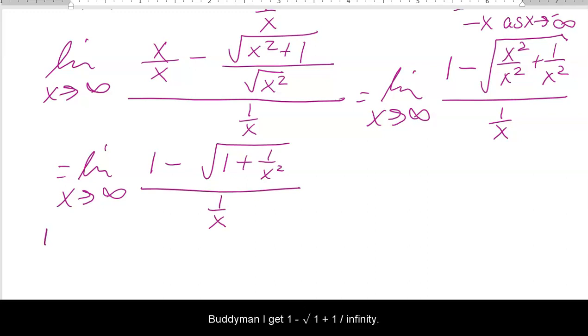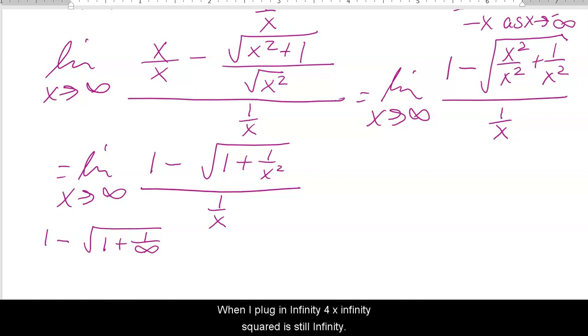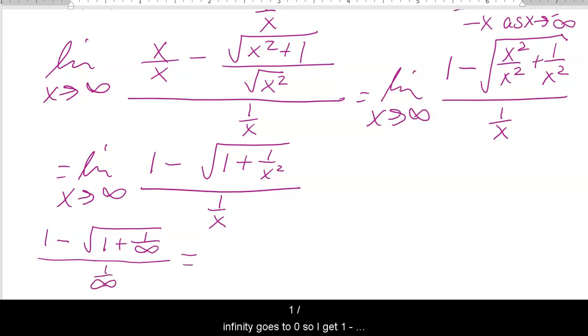Plugging in, I get 1 minus the square root of 1 plus 1 over infinity. When I plug in infinity for x, infinity squared is still infinity, divided by 1 over infinity. 1 over infinity goes to 0, so I get 1 minus the square root of 1 over 0.